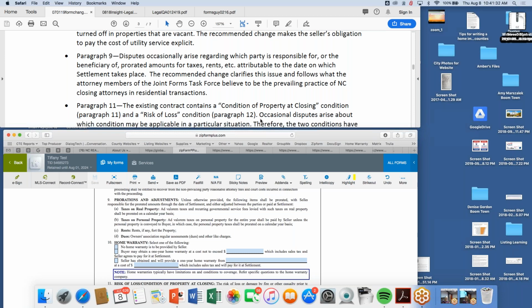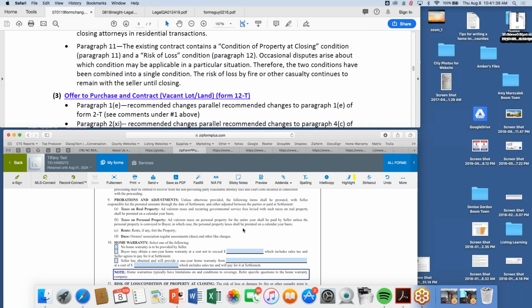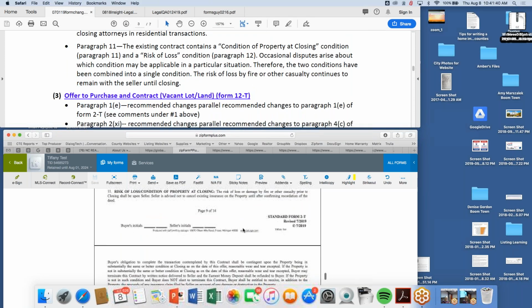And then the condition of property at closing. So basically, they wanted to combine these two. As you might remember, they took 11 and 12 and made them just 11 here. And what it is basically is risk of loss. Let's say there's a fire, there is a natural disaster that hits.